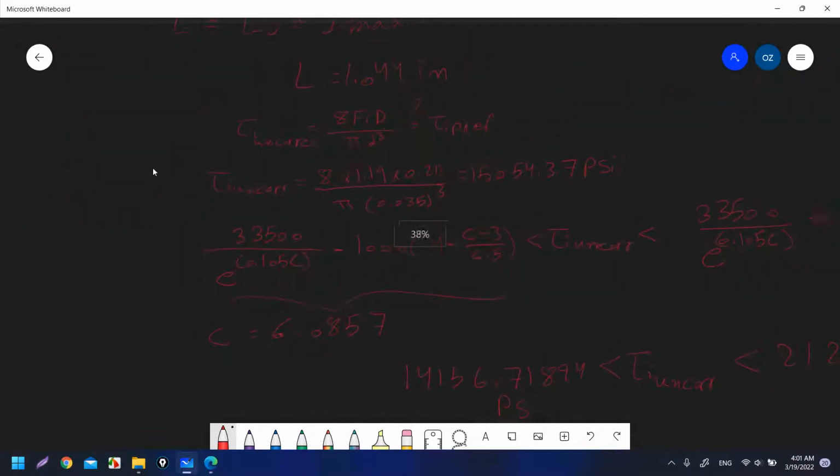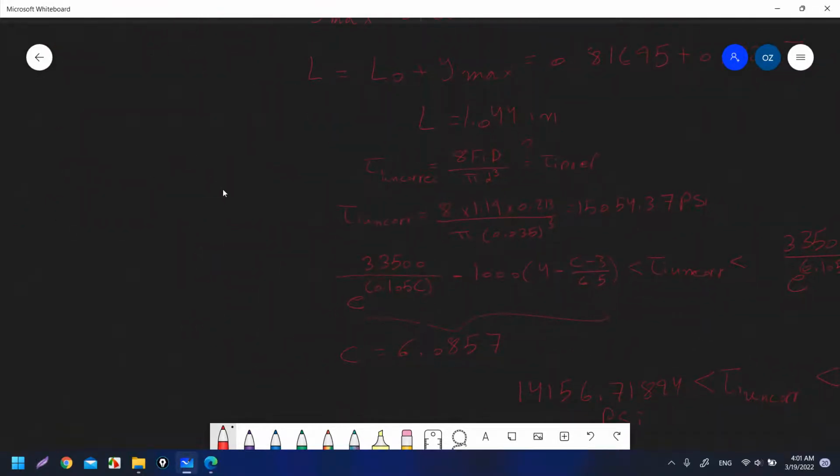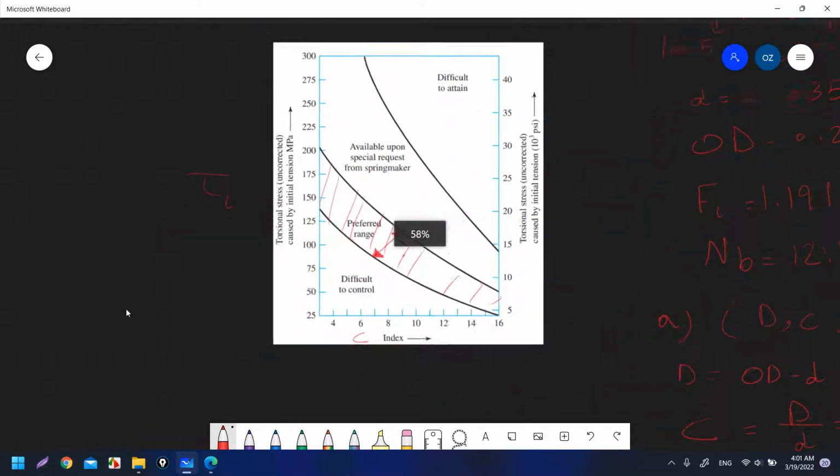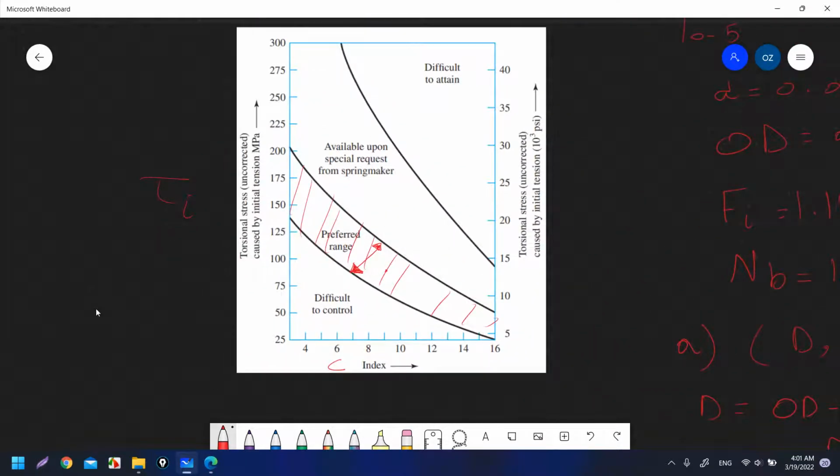Okay, and you can see if you use this chart, the spring index C is 6.0857, so something here. And the value for the torsional stress, the uncorrected, is around 150, or 15.